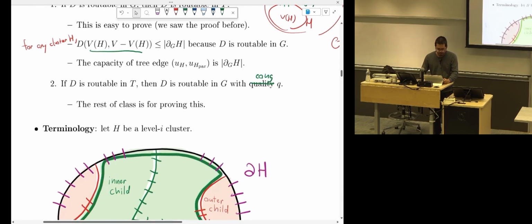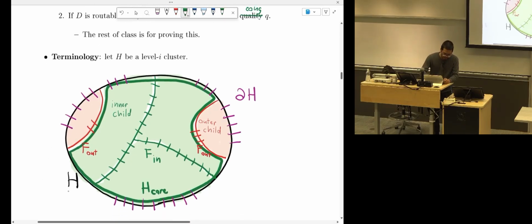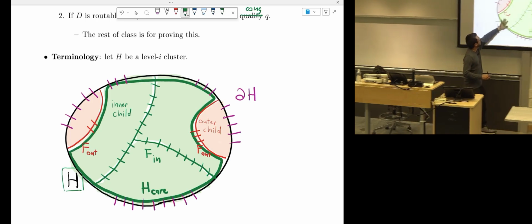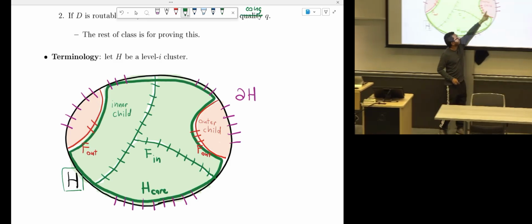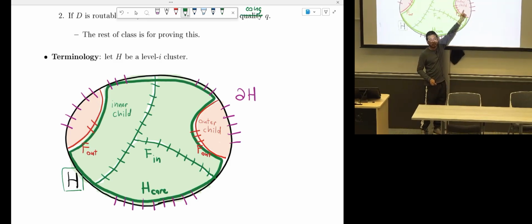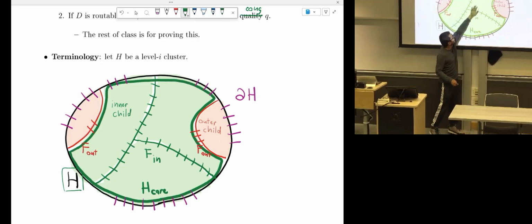So now let me give some more terminology. Think of this H as maybe a level i cluster. There are several children of H. The red ones I call outer children, and the green ones here are inner children.